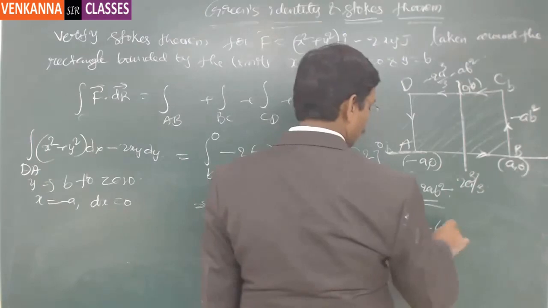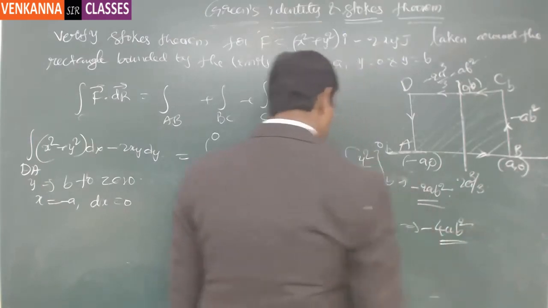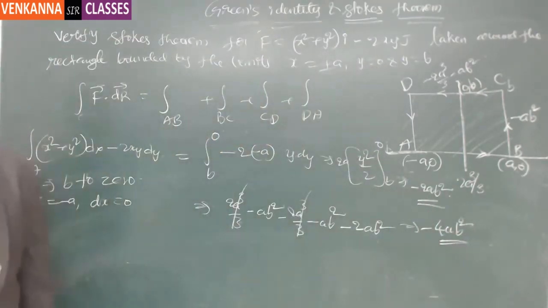This is minus 4a b square. So hence Stokes theorem is proved.